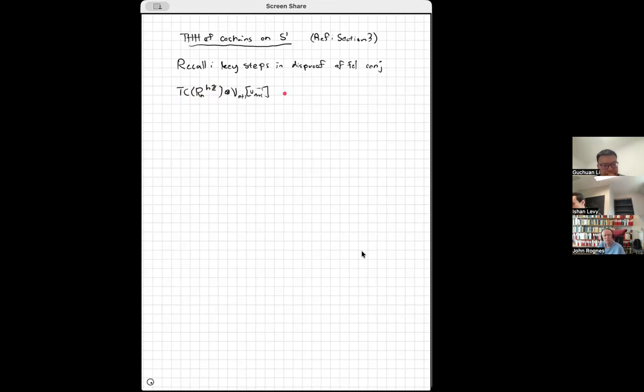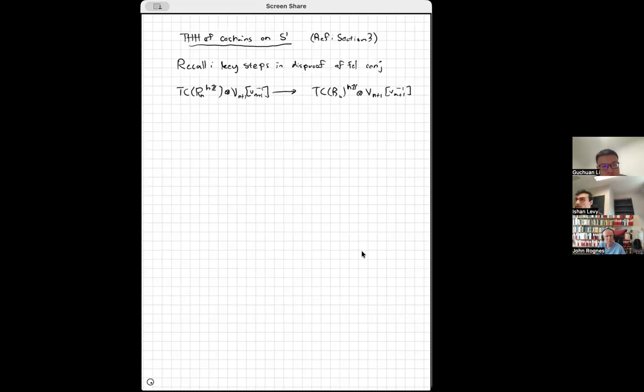What we wanted to show was that TC did not commute with the limit of taking these fixed points. So we wanted to show that this map going to TC of Rn with the fixed points on the outside is not an equivalence.